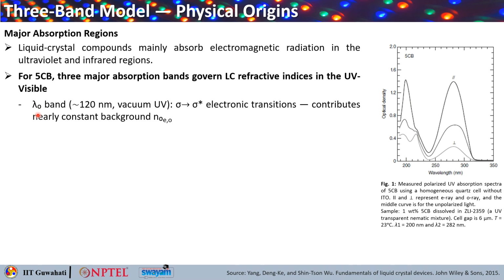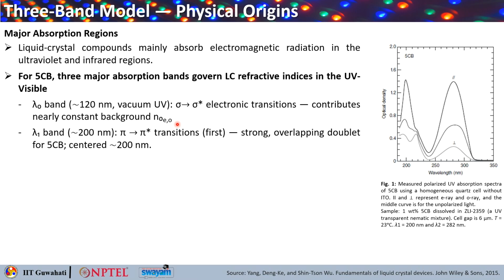So the first one is the lambda 0 band, around 120 nanometer, that is in vacuum UV. That is basically the electronic transition from sigma to sigma star, and it contributes a nearly constant background to n o, that is the refractive index in both cases, extraordinary and ordinary.